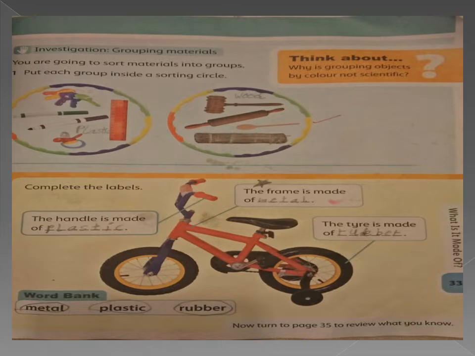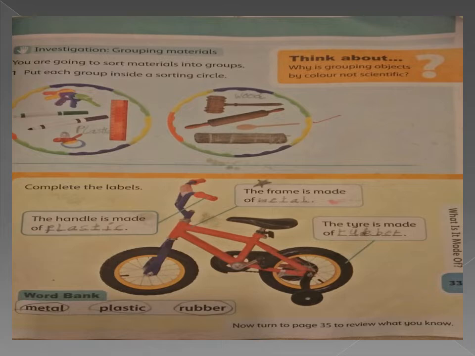Now you can see at the top they have asked you a question. Think about, why is grouping objects by color not scientific? Yes class, why is grouping objects by color not scientific?